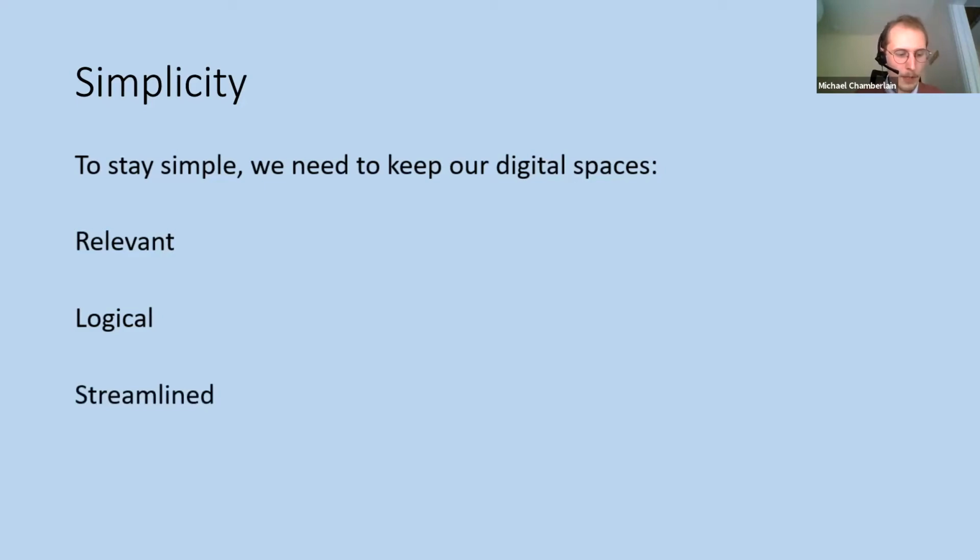But the reason that we're worried about these three things is because if we get simplicity wrong, we can have a really big impact on disabled people, and more than just disabled people as well. We can have an impact on everybody. But we'll have a think about how simplicity does affect disabled people.